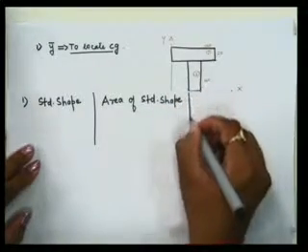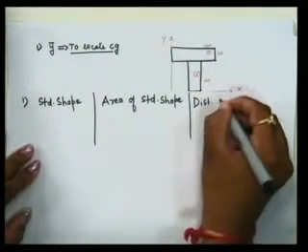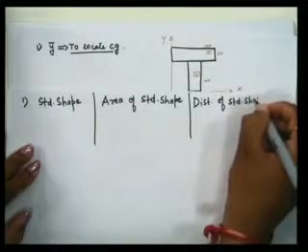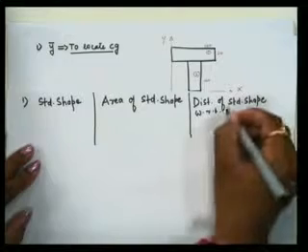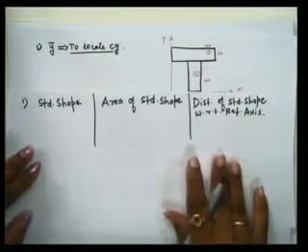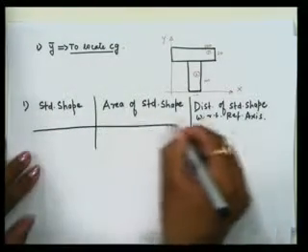Third will be distance of standard shape with respect to reference axis. Okay, so we start with the first.